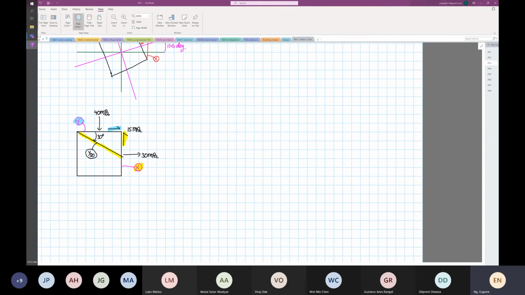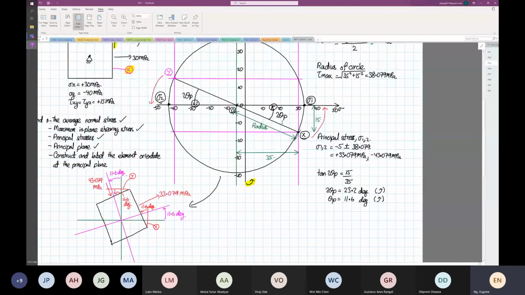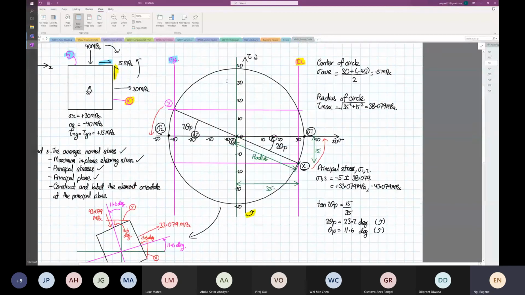So now where is this on the Mohr circle? I'll try to copy the Mohr circle. In fact, you know what? We don't need to copy. We can draw on the same circle. So you can see that y30 is rotated from point y. So now on the element, remember y30 will be what direction?